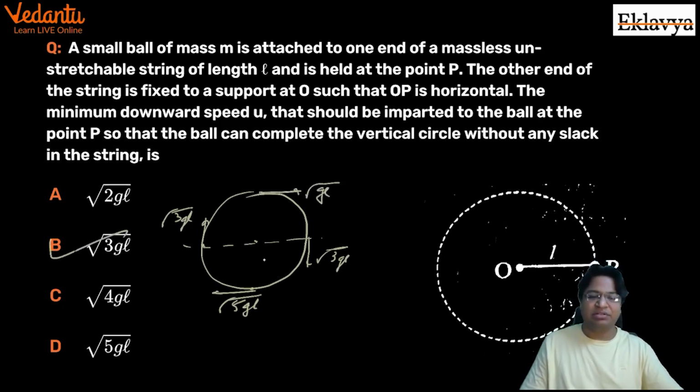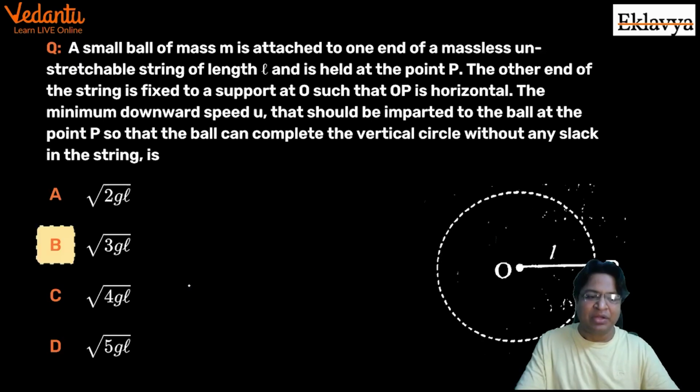That's it. So answer is 3, because the question says the minimum downward speed that we need to provide at this end. So root 3 GL. So that's very simple, I would say.